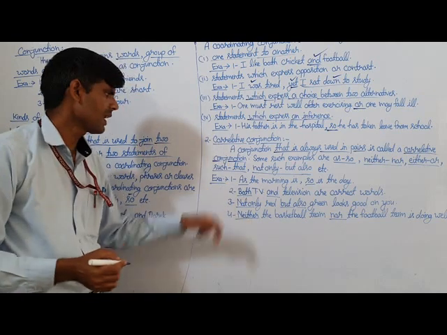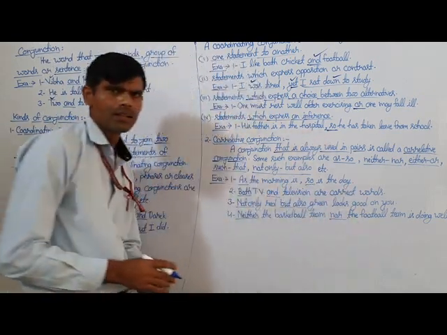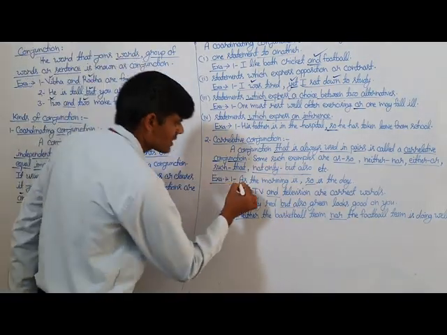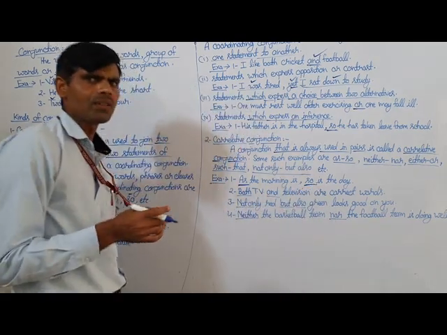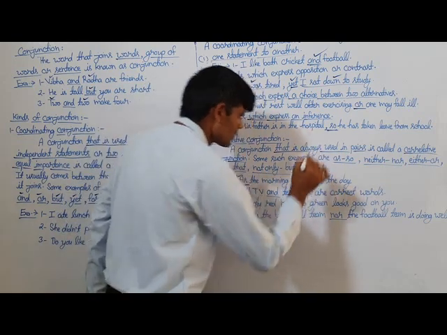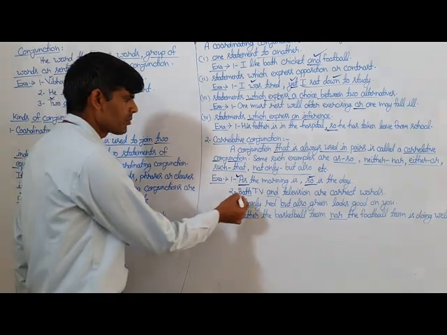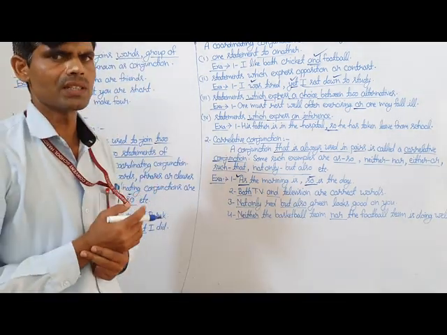The first example is: as the morning is, so is the day. Here in the first sentence, as and so is a correlative conjunction because it is used in pairs, as and so. Here is the second example, and that is: both TV and television are correct words.